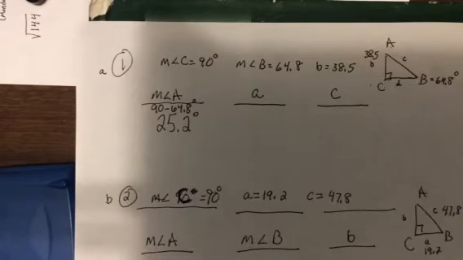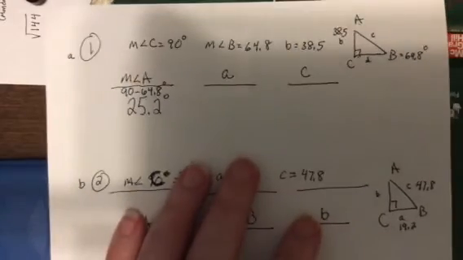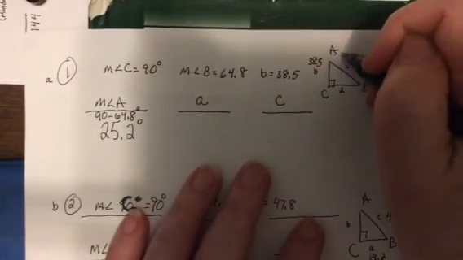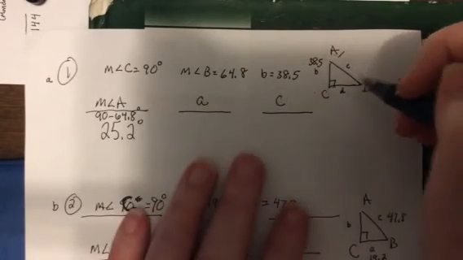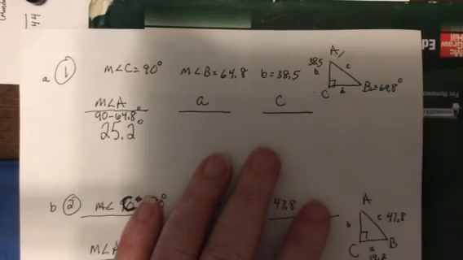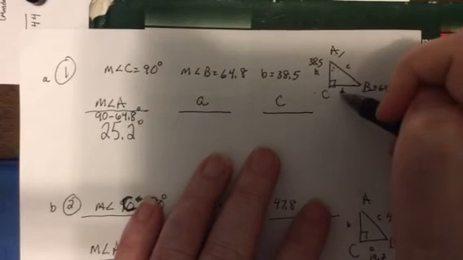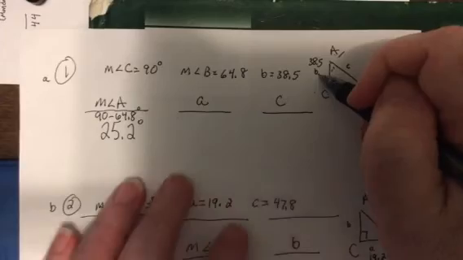Now, okay, let's find A. So I know this one now, and I know this one, and I know side B. So I'm going to do angle A, opposite over adjacent, because I like my known to be on the bottom.